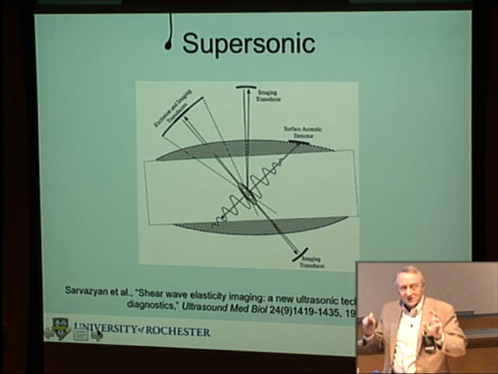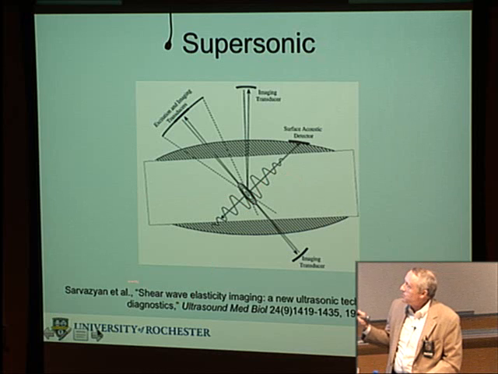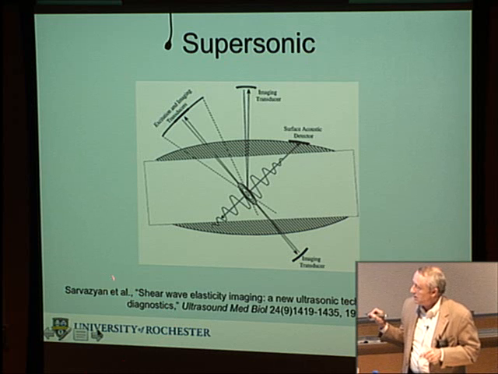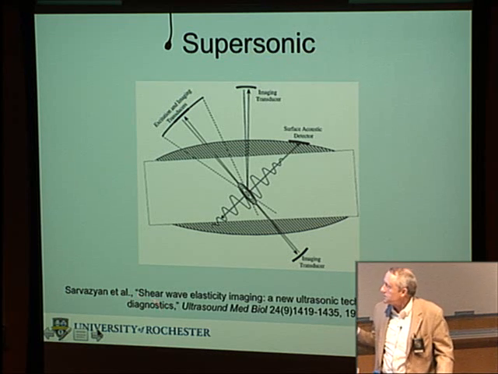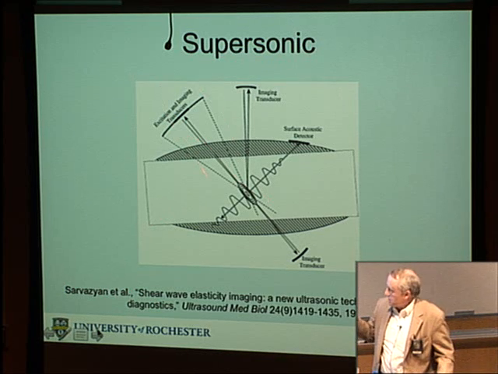But there's more. But there's even more. So the plot continues. Armen Sarvazian, who actually came out of Moscow State, came to the U.S. later in the early 90s, and he was working on, again, what does this busy diagram do?